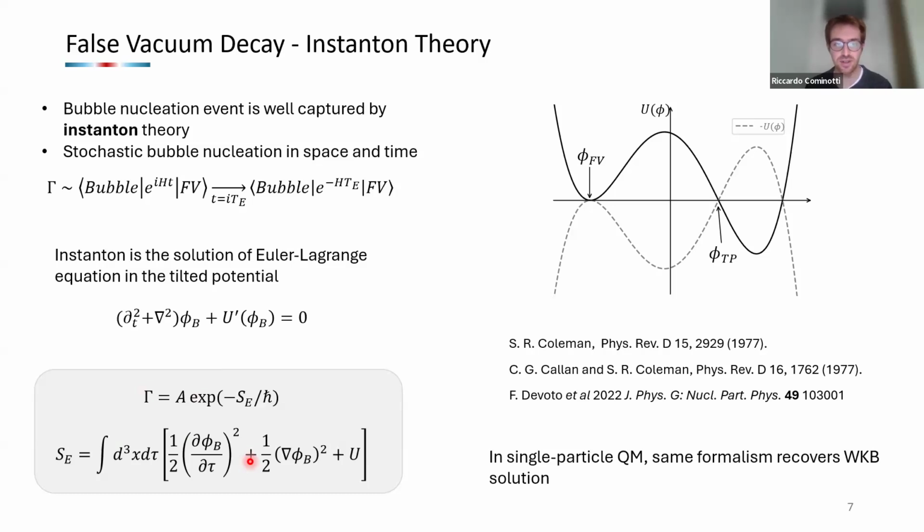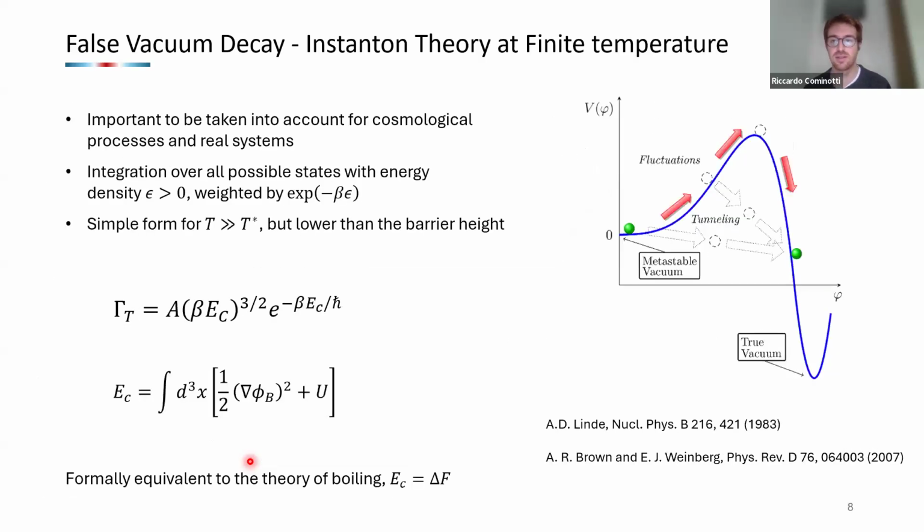Now, this is the first theory that was developed, and it was developed in the zero temperature case. Right after the paper by Coleman, there has been a lot of research to extend the theory to the finite temperature case. And the finite temperature is important to be taken into account for two reasons.